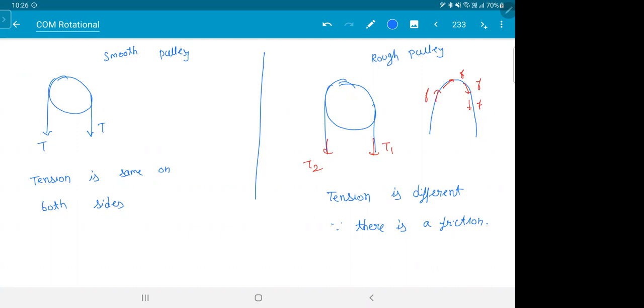Put it down. Again, this is just a small theory for your understanding, how it behaves and so on. But we could solve most of the problems using the torque method. So that is one set of problems. Put it down.